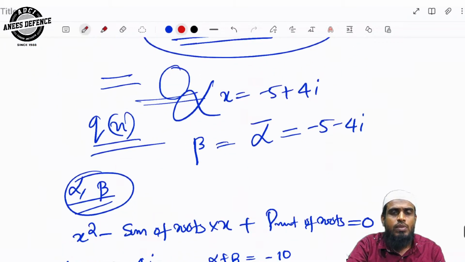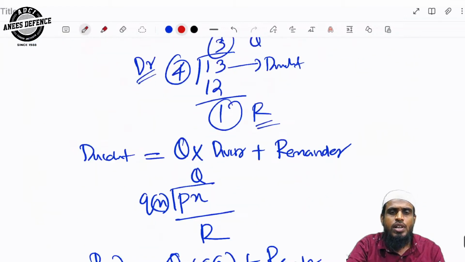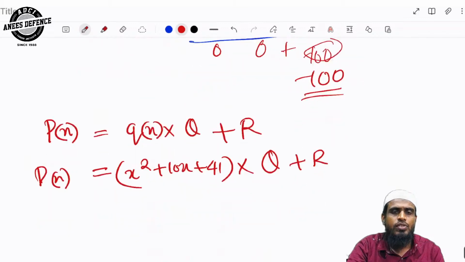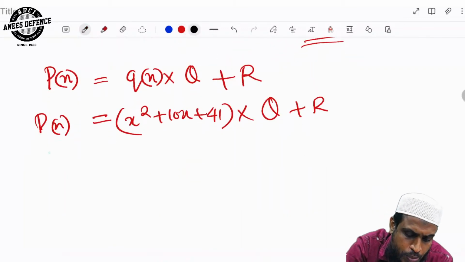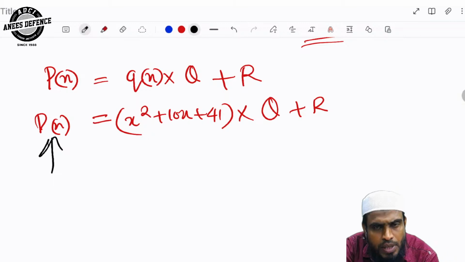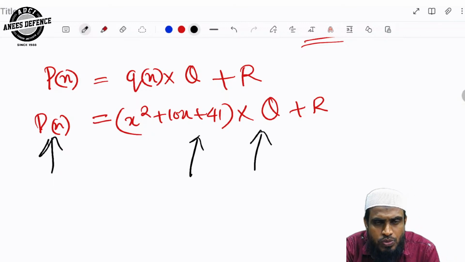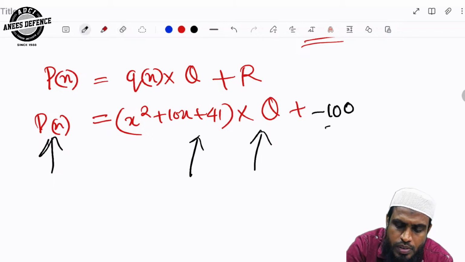If you want to put that value into P of x, there is no need to put it directly into P of x. You can simply put it in this expression. Instead of r, you have to write minus 100, because we got the remainder as minus 100.